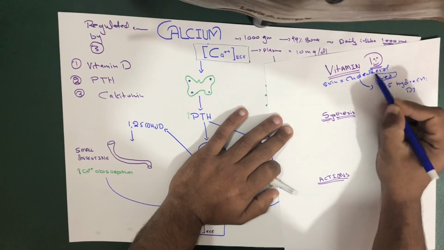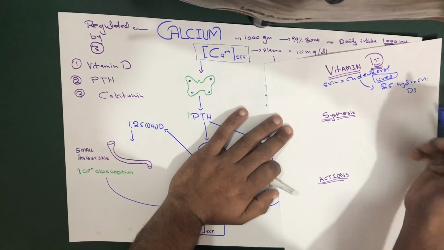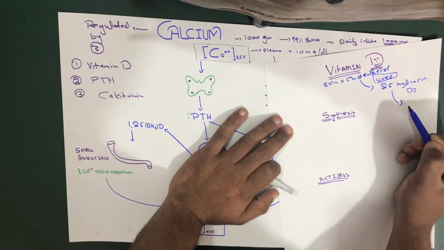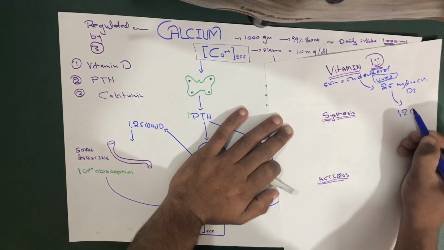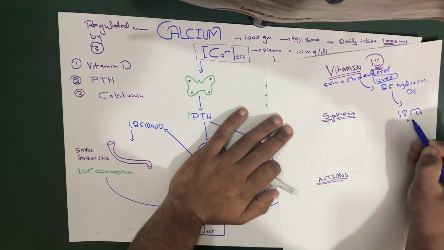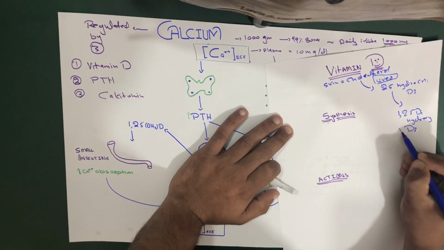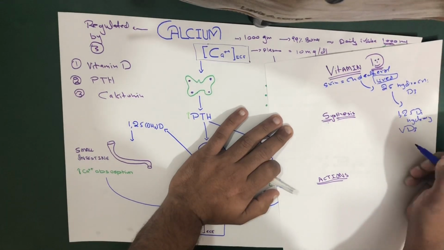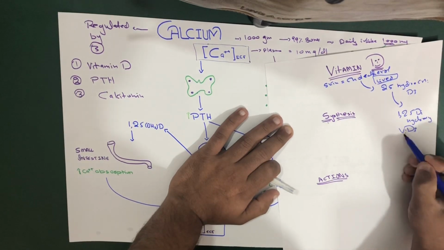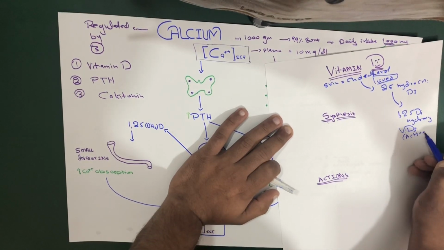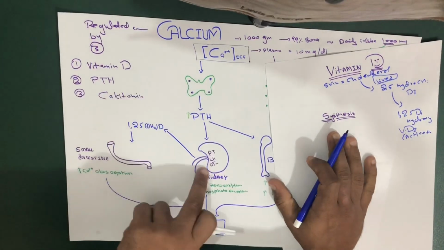Remember this one, in the liver it has to be converted into 25 hydroxy D3, and again this 25 hydroxy has to be converted into the 1,2,5 dihydroxycholecalciferol, and that is vitamin D3 again. And this vitamin D3, which is the 125, is the active form. This active form occurs in the kidney.